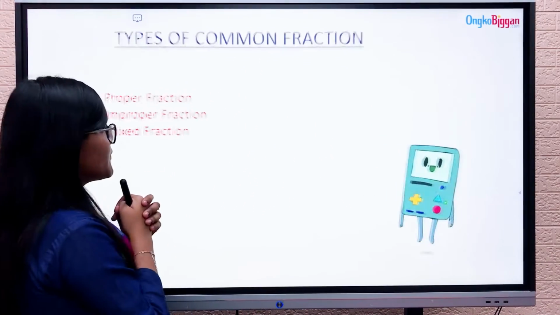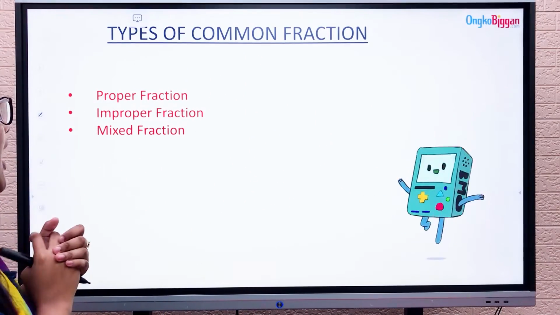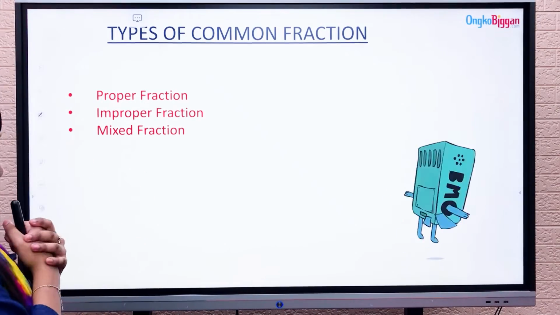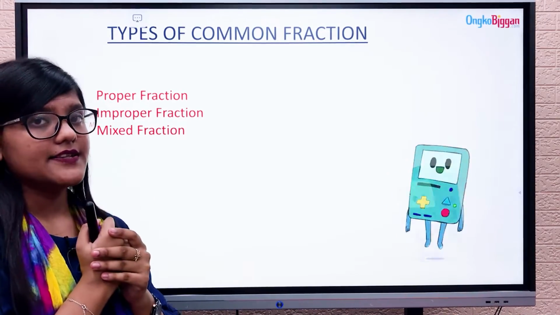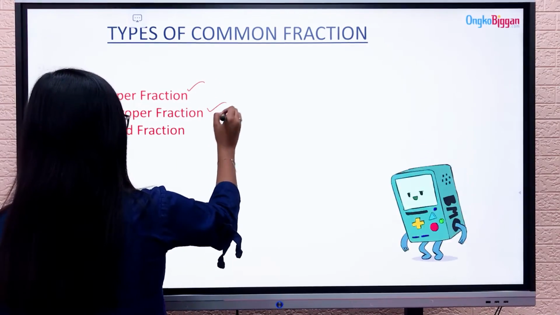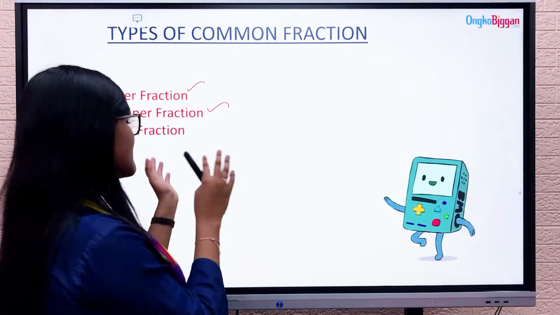So let's move into another topic. Now we will talk about different types of common fraction. Common fractions are divided into 3 types: one is proper, another is improper, and mixed fraction.